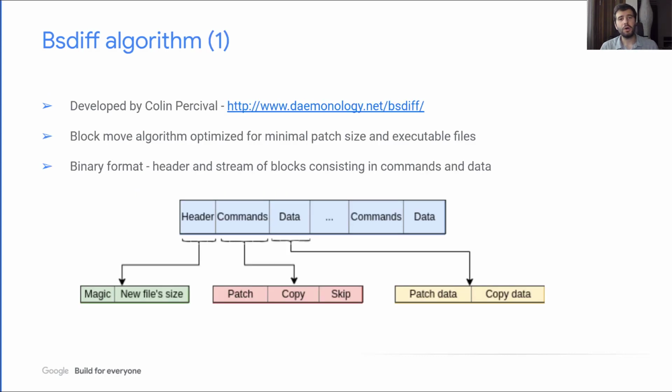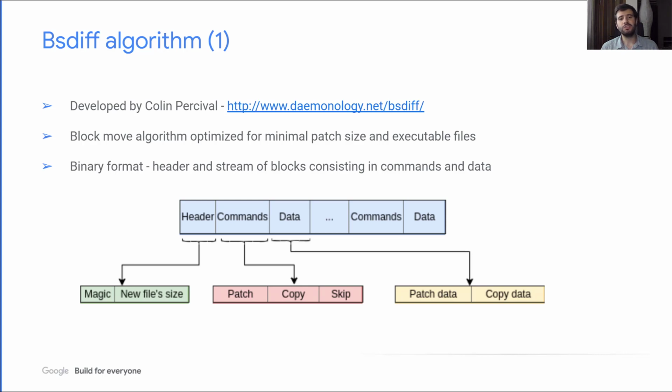A few words about BSDiff. BSDiff was developed by Colin Percival, and it's a block move algorithm. It was optimized for executable files, and it's aiming to get the minimal patch size.